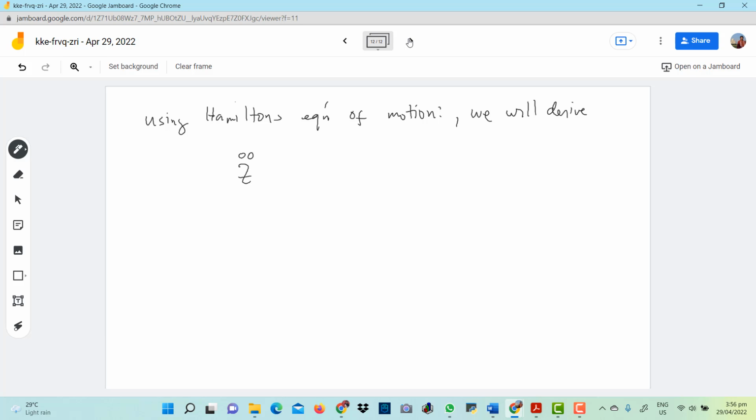This one, z double dot, which is equal to minus g times 1 plus r over k quantity square raised to the power of negative 1.